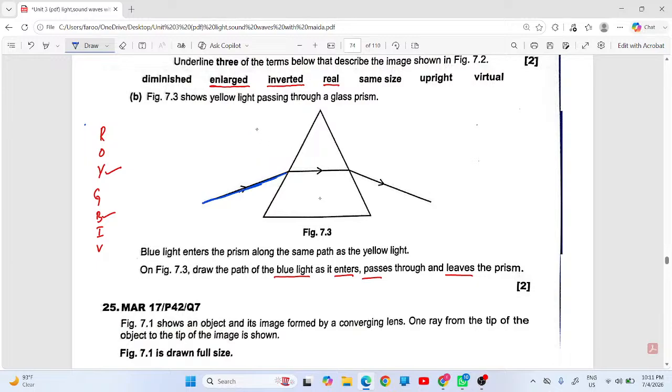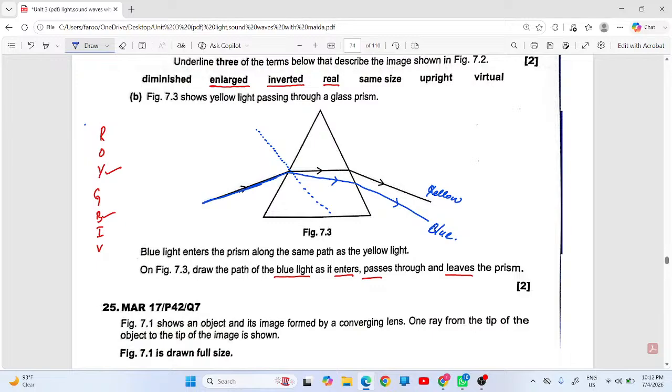Now the light will slightly tilt in this way, और फिर और ज़्यादा आपने इधर शो करना है. बस नीचे बनना चाहिए. So this one is green, yellow, and this one is for blue light.